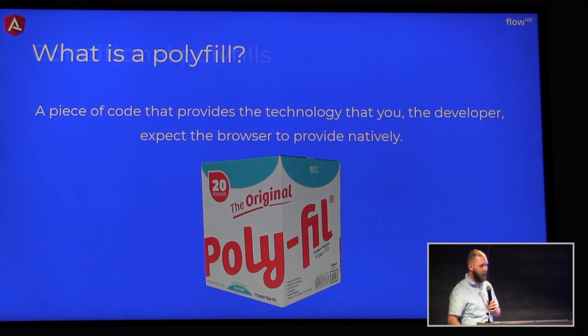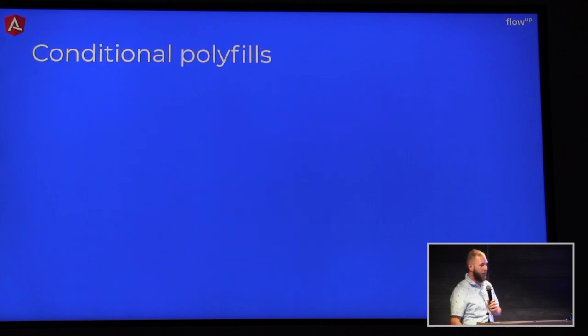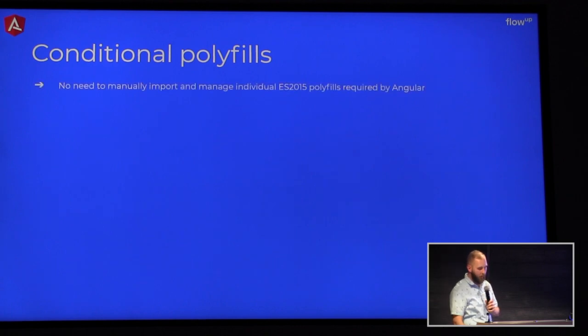And in the latest Angular, there are conditional polyfills. Conditional polyfills are an easy way to save around 50 kilobytes of size of your application, just by not including these polyfills for the modern browsers. So you don't need to do anything else.